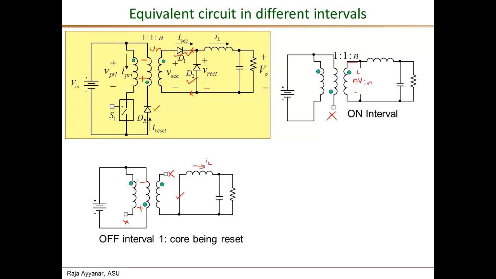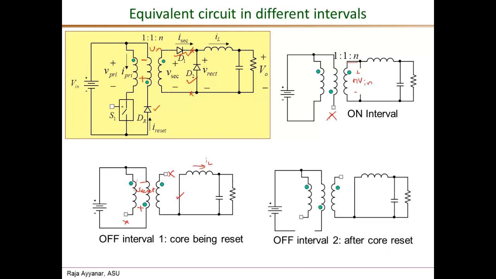Because of the negative voltage applied across the reset winding, the flux in the core continuously decreases at a rate that depends on the input voltage and the inductance of the reset winding, and eventually it will come to zero. We have to ensure that it actually comes to zero before the start of the next cycle in order for the circuit to be operating in steady state.